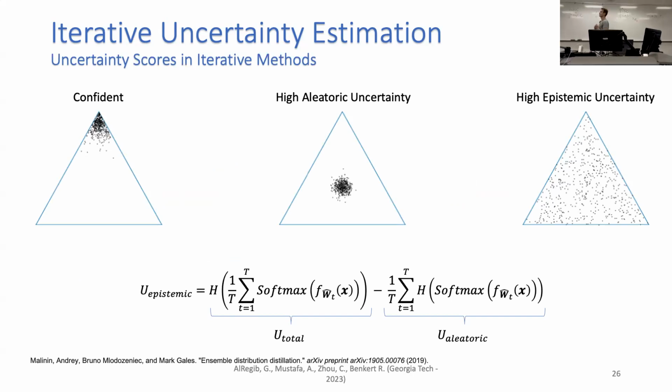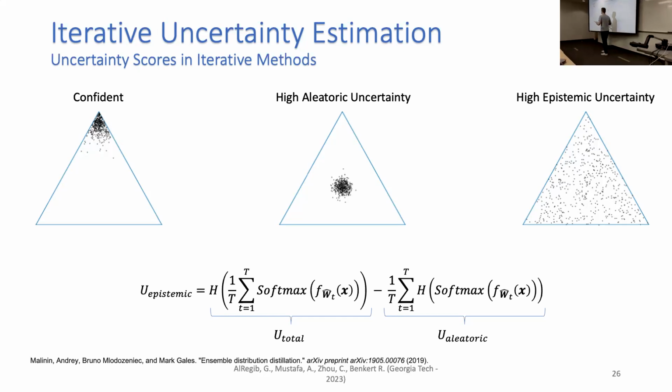And before we jump into this really daunting looking equation at the bottom, I already mentioned that we estimate uncertainty in both of these methods. We create a bunch of different predictions, and then we have an average and a spread of these predictions. I want to talk about how these relate to uncertainty. If you have a bunch of different models, and it doesn't matter whether you get them through Monte Carlo dropout or through training a bunch of different neural networks, if they all result in the same prediction, you're probably going to be confident.